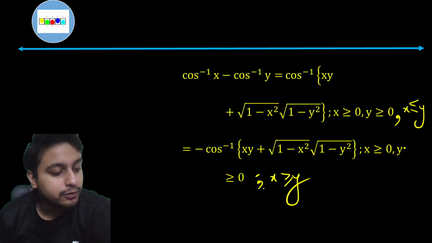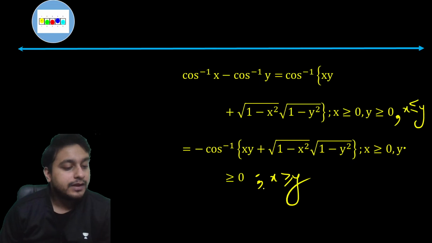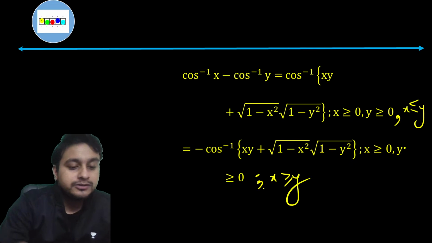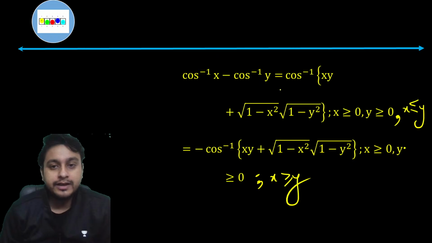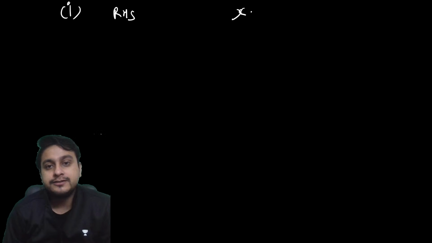Okay, everyone. So chalo, let's try to prove this formula and let's see how we can do it. So guys, first thing I'm going ahead with. Okay. So guys, all of us know that I need to prove that thing, right? Well, obviously, I'm proving the first. Obviously, this has two parts. So first part I'm proving. So guys, what is that here? If you look into the RHS, obviously, guys, we'll put x equals cos theta, and y equals cos phi, right?